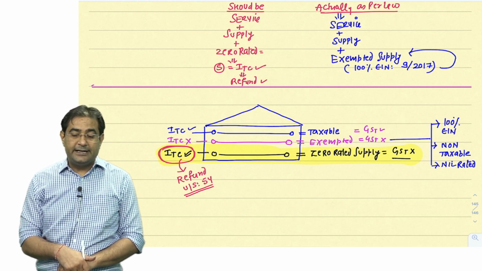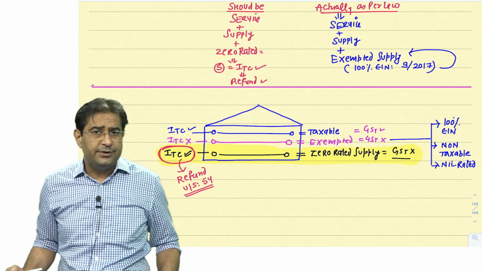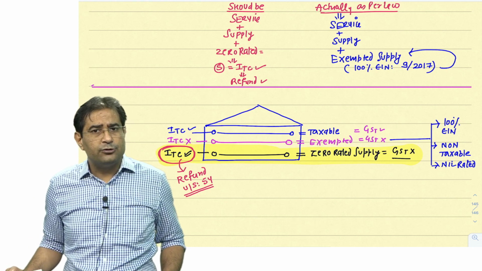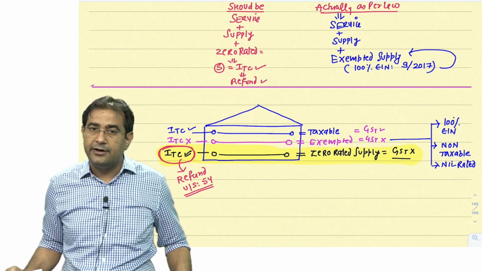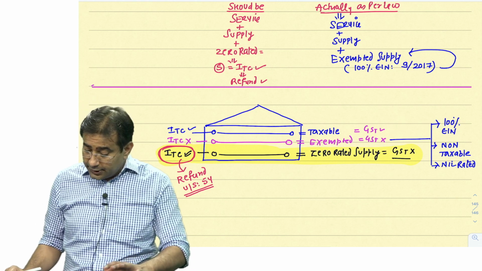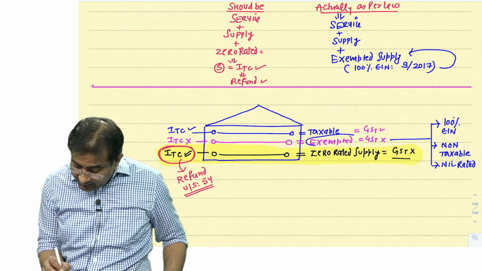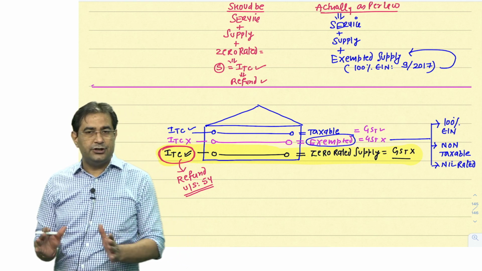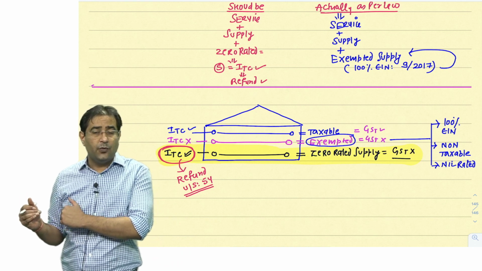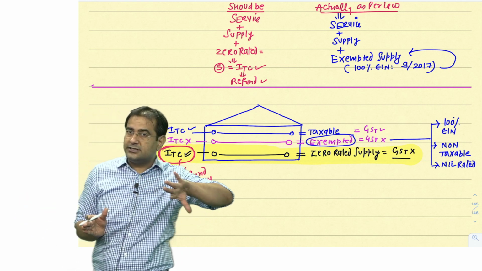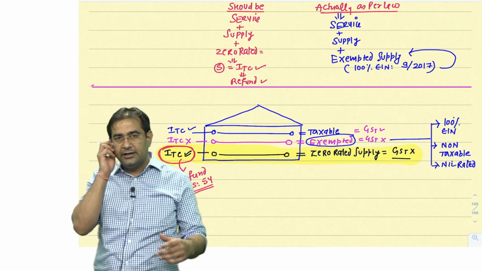Whether exempted supply can also be considered as zero rated? Never ever. Exempted cannot be covered under zero rated. Zero rated is a different supply having different provisions, whereas exempted supply is a different supply having separate exemptions, my dear.